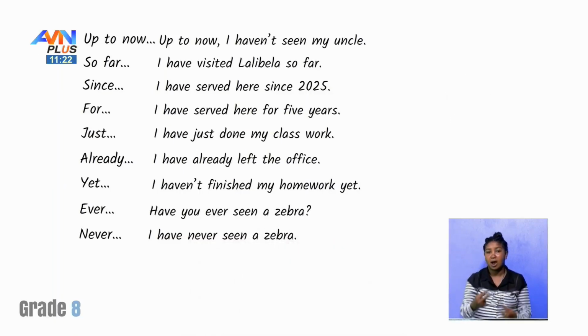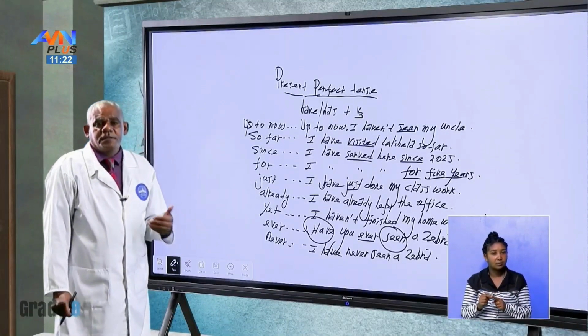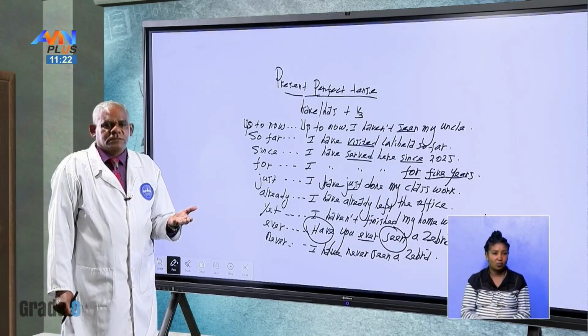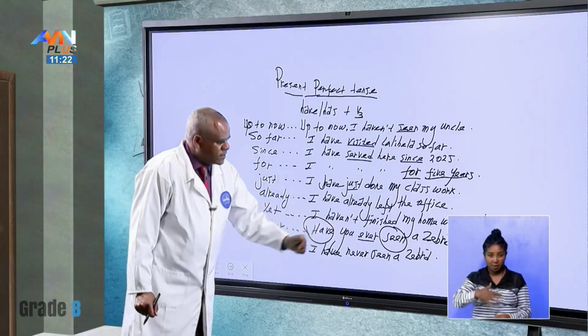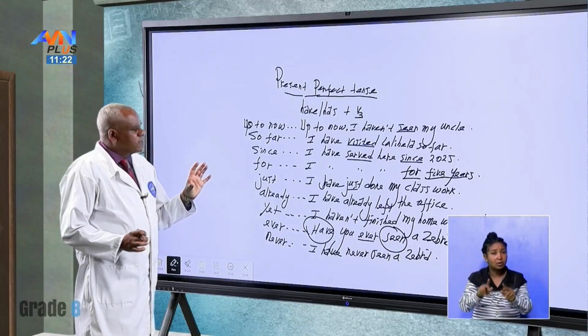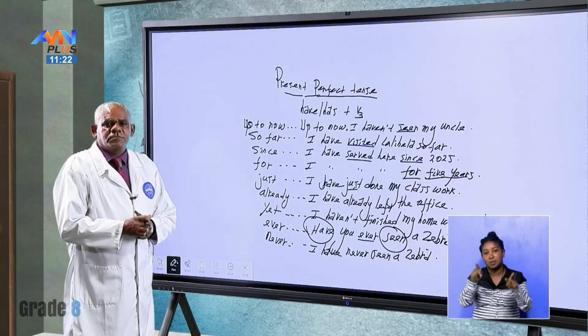I have never seen a zebra. In other words, I don't see a zebra. Therefore, I have never seen a zebra, and that is ever. Hopefully these are very important parts of time adverbs in order to use present perfect tense.